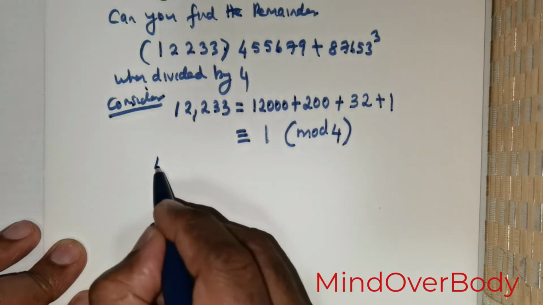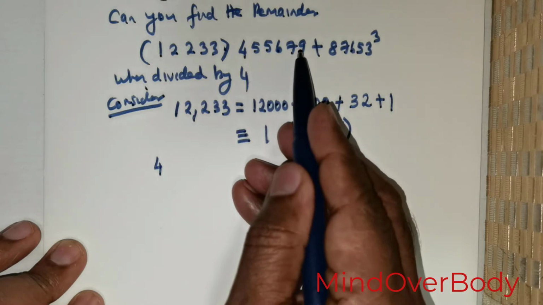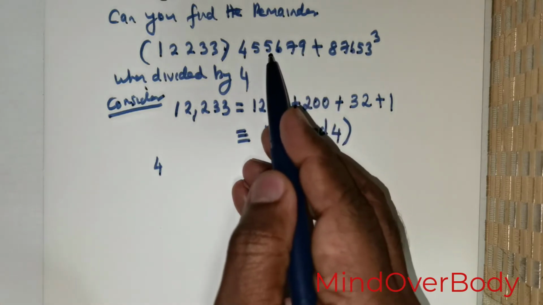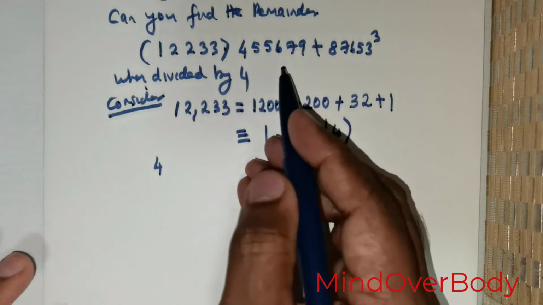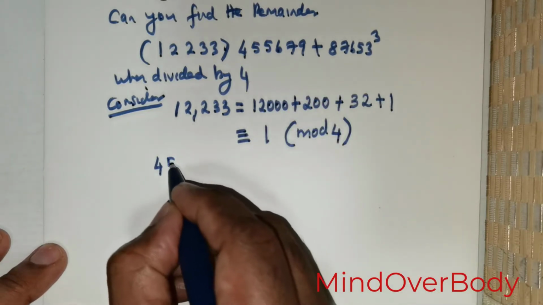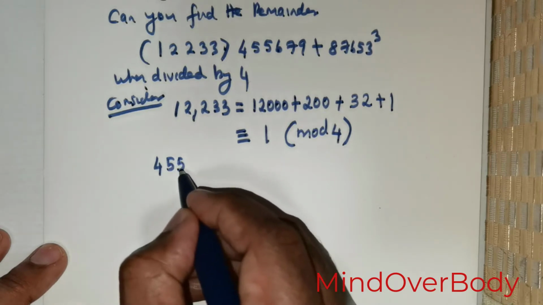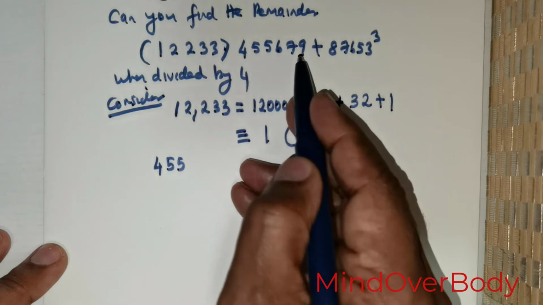Next, what I want to do is I want to consider this quantity. So this is 455,679. This is the number we have got. So I'm going to rewrite it like this: 455, now 679.